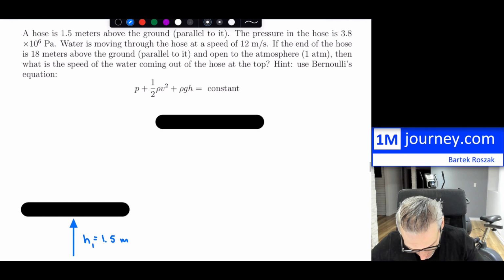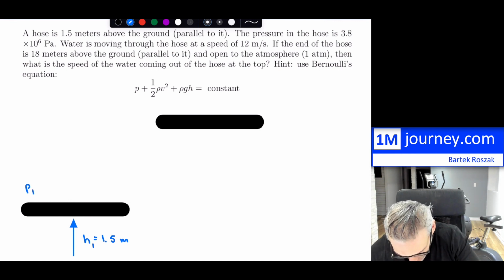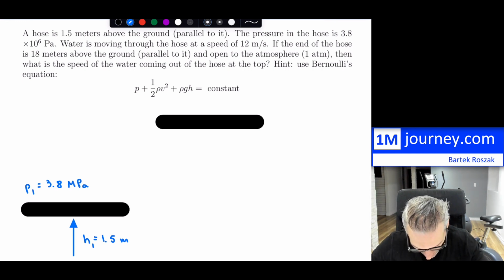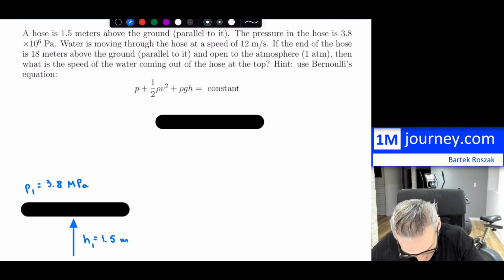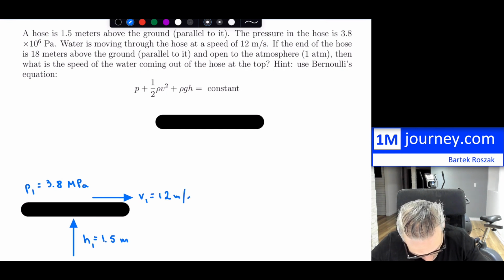Now, it has a certain pressure. The pressure inside of it is 3.8 times 10 to the 6, or just megapascals. I'll write that so I don't have to write the scientific notation. The flow of the water in here is at a speed of 12 meters per second.